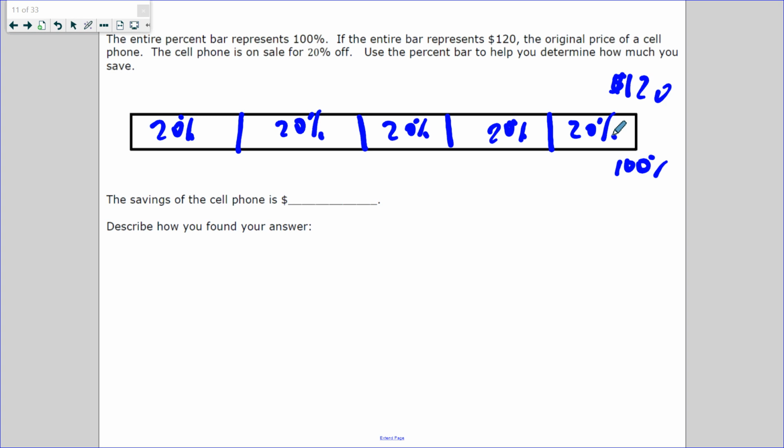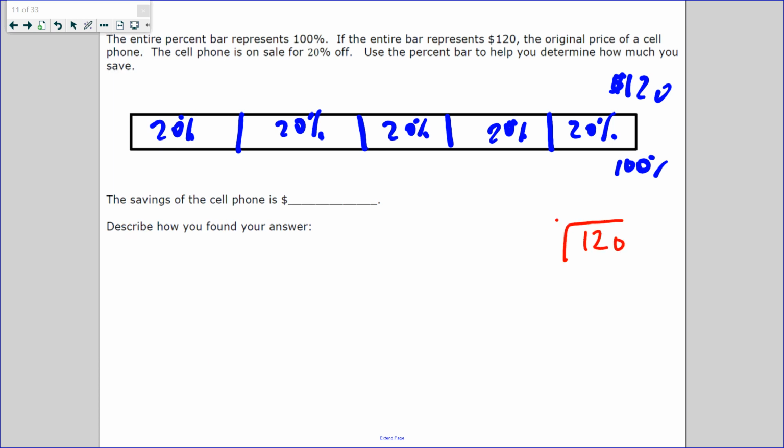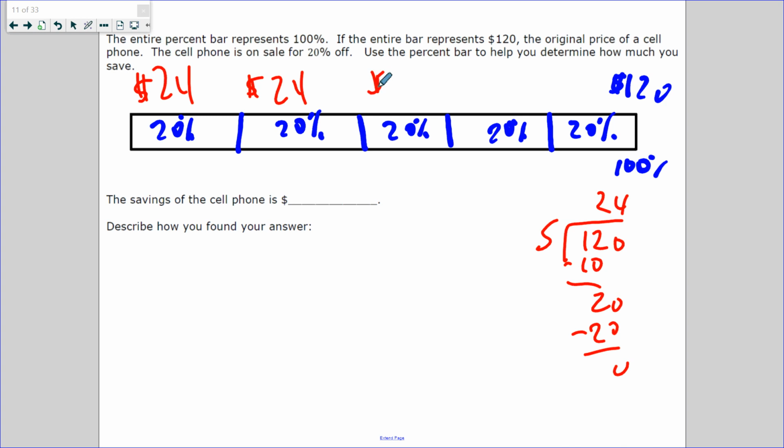So can I split the $120 into 5 equal sections? Goes in 2 times, 4 times. So every 20% is $24. So the savings is $24.